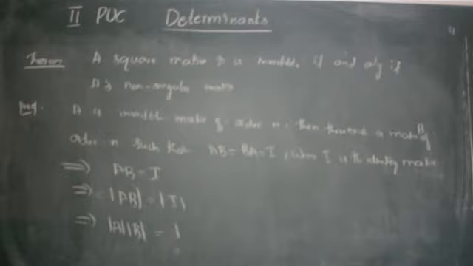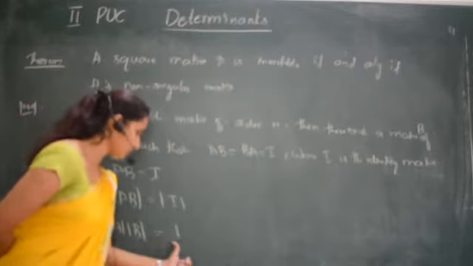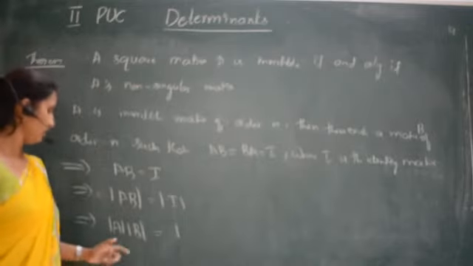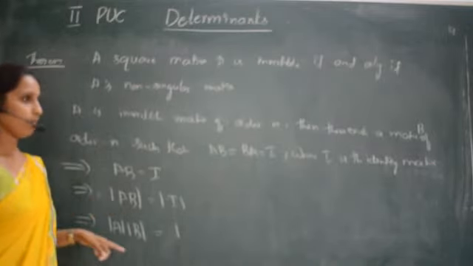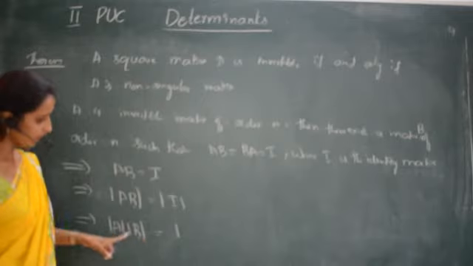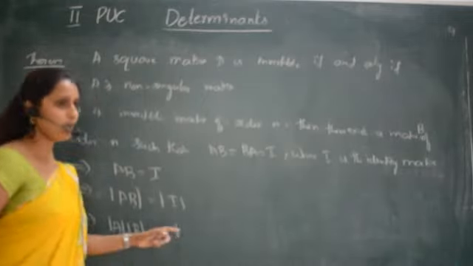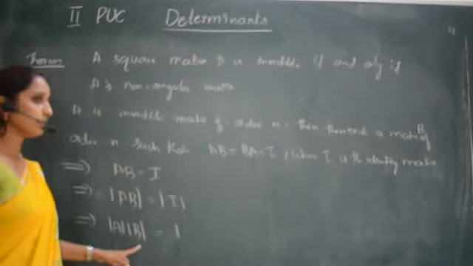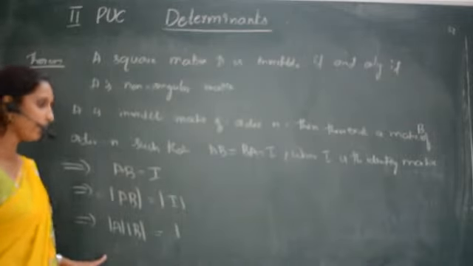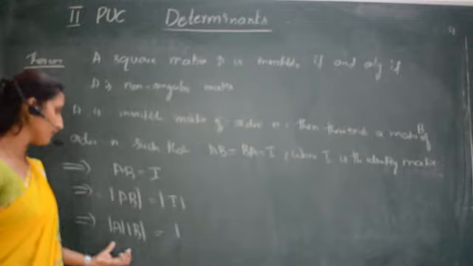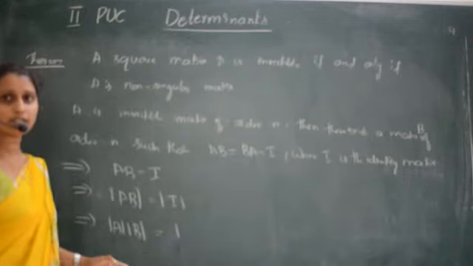So what does it show? The product is 1. Here the determinant is a real number, so both are real numbers. The product of them is 1, so determinant A and determinant B cannot be zero. If either were zero, the product would obviously be 0.